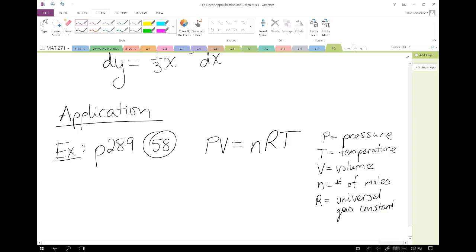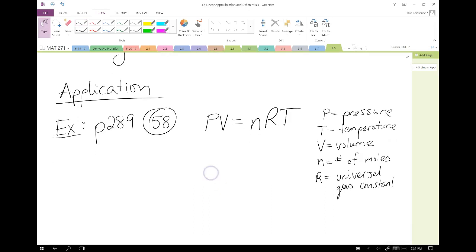For the purposes of this exercise, we're going to let N times R equals 1. Therefore, we're really using the formula P equals T over V. That's the formula they want us to use.